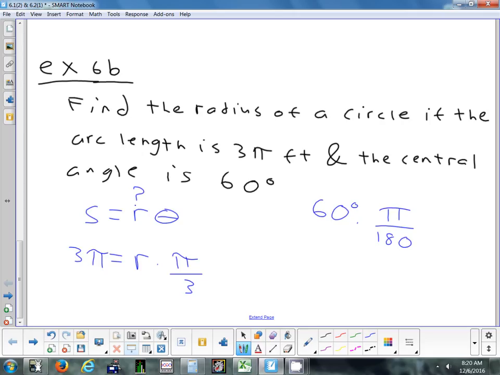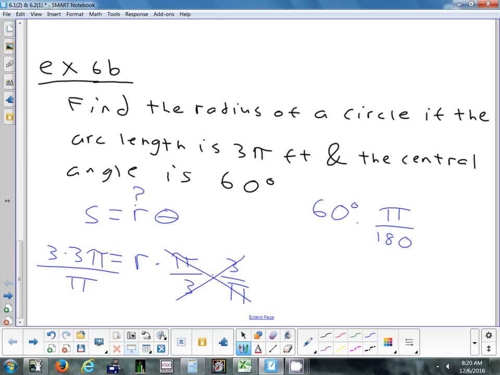Okay, now I want to get r by itself, but I'm multiplying it by a fraction. So how can I move pi and 3 to the other side at the same time? Yeah, Tom? Yeah, multiply by the reciprocal. 3 over pi and 3 over pi.